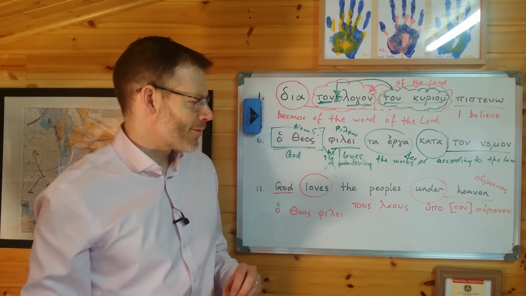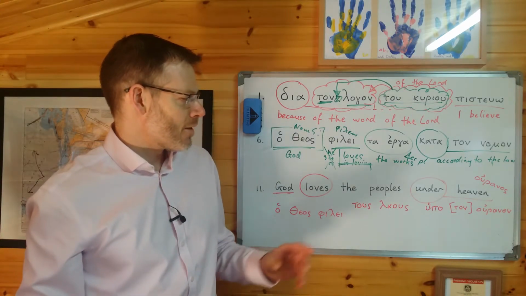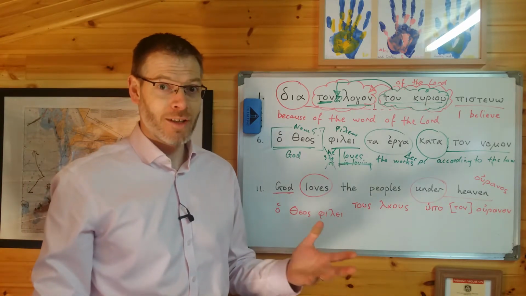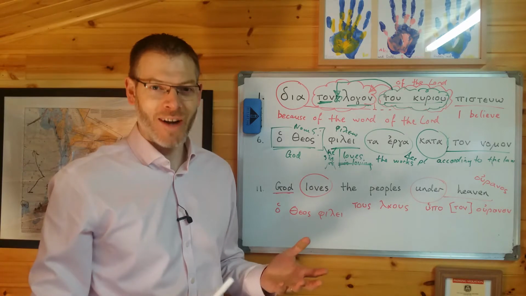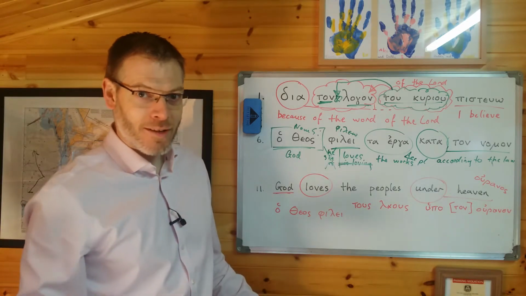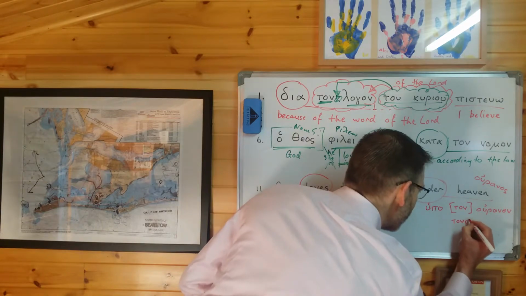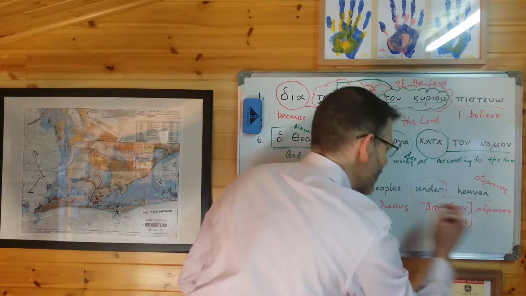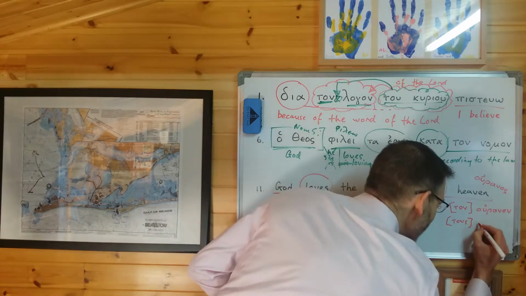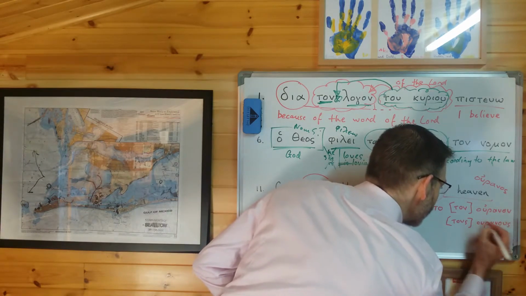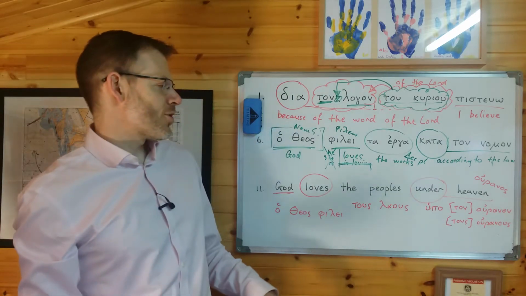Also, what you'll sometimes find is that sometimes the English word heaven will translate the plural Greek, heavens, uranoi, which in this case, of course, will be accusative plural. So it's even conceivable that that English phrase under heaven could have arisen from the Greek tous Uranus.